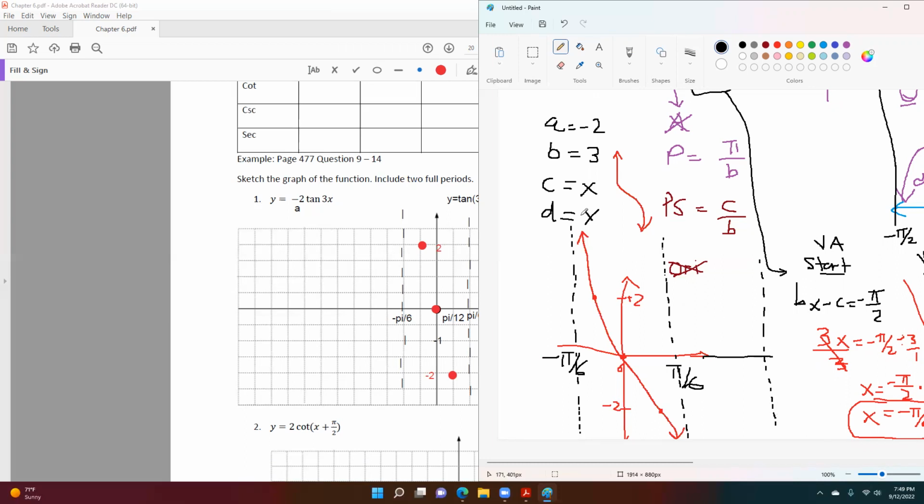That period is pi/3, so you have to add another pi/3 to this. How do we know the period here is pi/3? Because if you look at your formula, the period is pi/b, and in this question, b is 3.